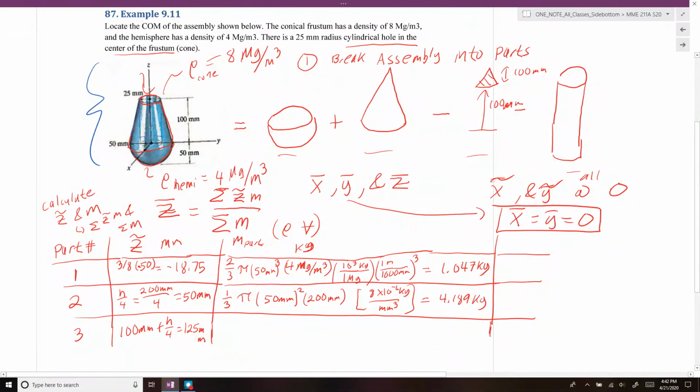Our mass of our part, we're going to put a negative sign in here, just because it's a negative area. It doesn't exist on our part. So we would subtract this mass from our total mass calculation. So if we do that, we would get minus 1/3 pi times the base, which is at 25 millimeters squared, times our height, which is going to be equal to 100 millimeters, times our density, which is equal to 8 times 10 to the minus 6 kilograms per millimeter cubed.